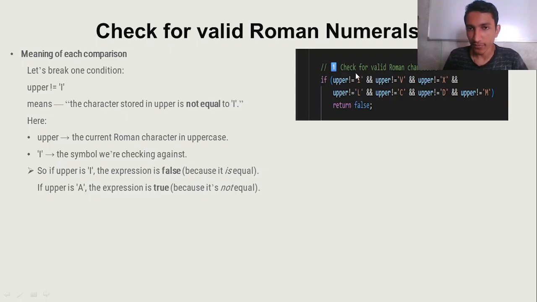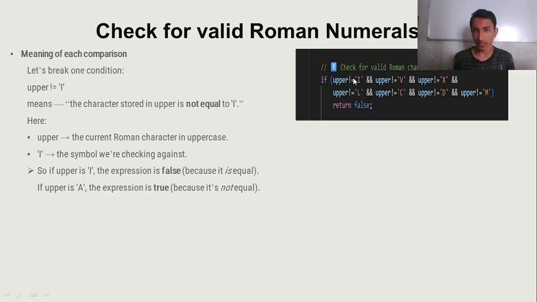Let's try to understand better by making one condition. upper != 'I' means the character stored in upper is not equal to I. Here upper is the current Roman character in uppercase, and I is the symbol we are checking against. If upper is I, the expression is false because it is equal, and if upper is A, the expression is true because it is not equal.